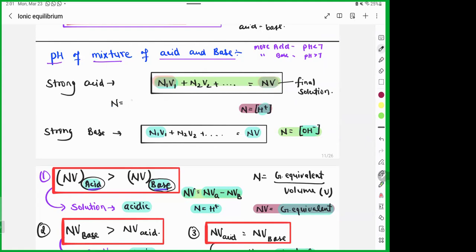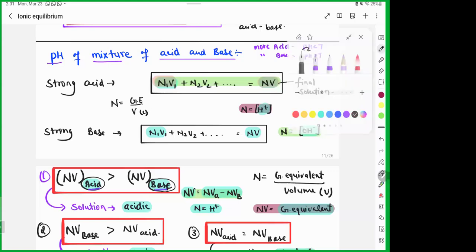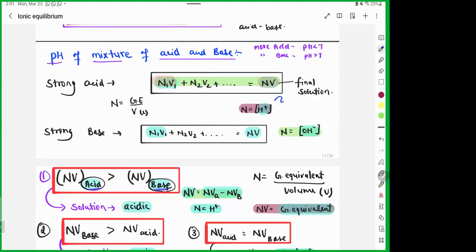Normality is equal to gram equivalent divided by volume of the solution in liter. Correct? Because it is acid, normality will be represented by H positive concentration. If it is base, normality will be represented by OH negative concentration.